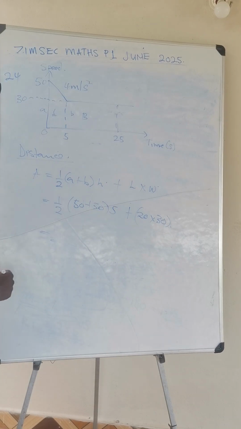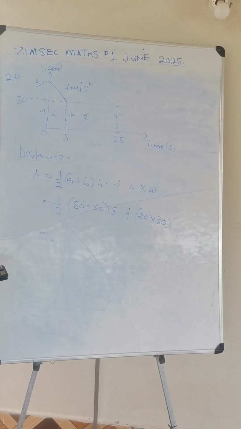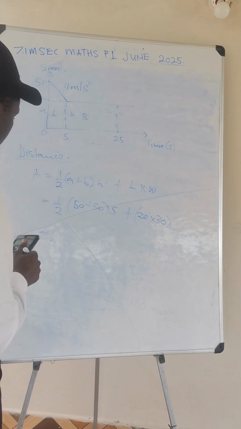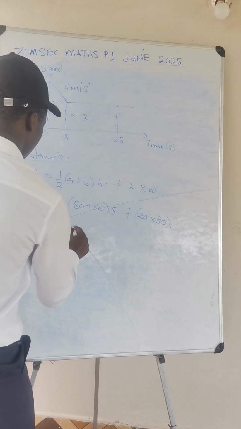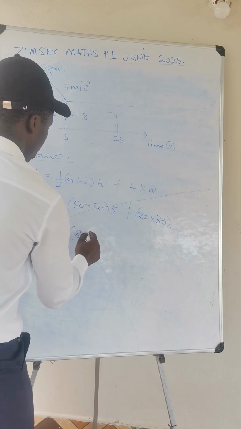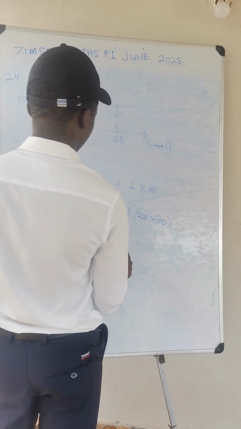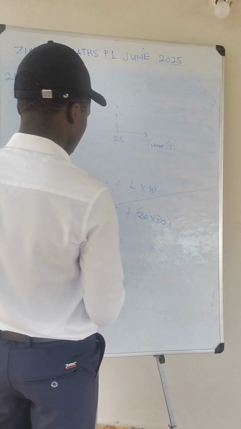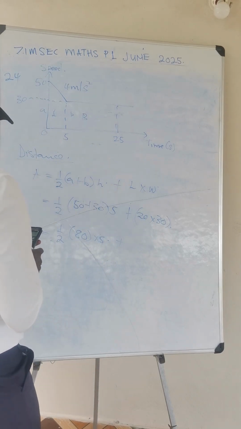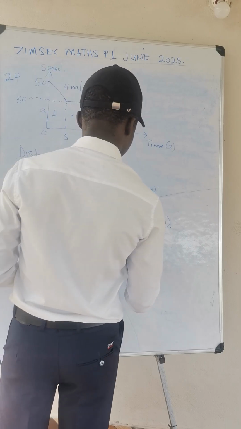Let's use our calculator. Half of 50 plus 30, which is 80, multiplied by 5, plus 20 by 30, which becomes 600.